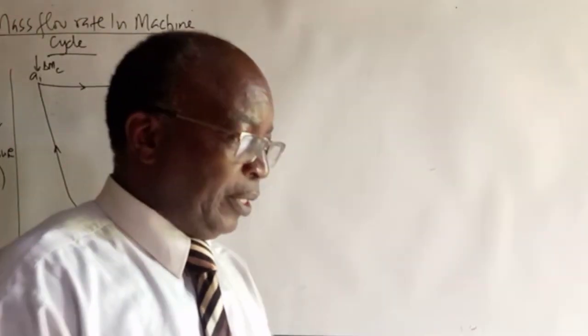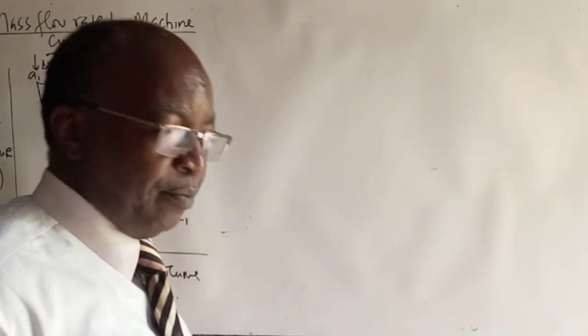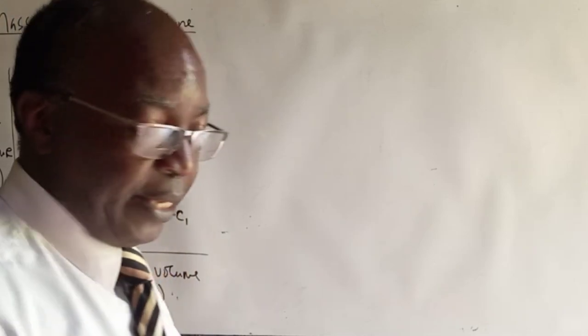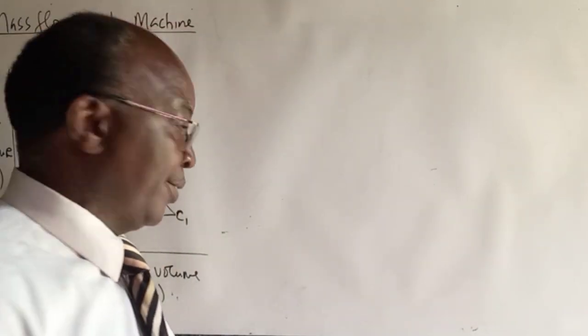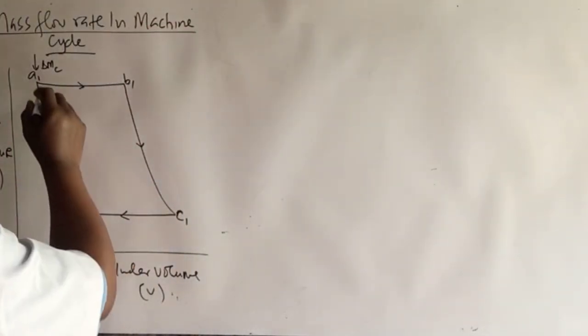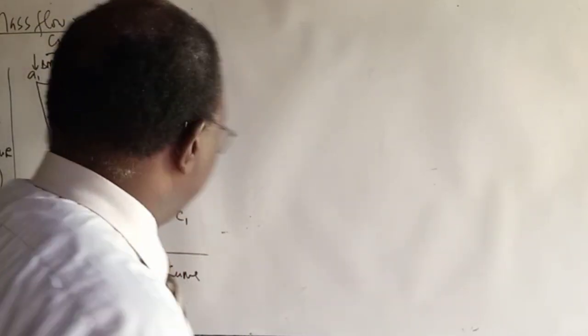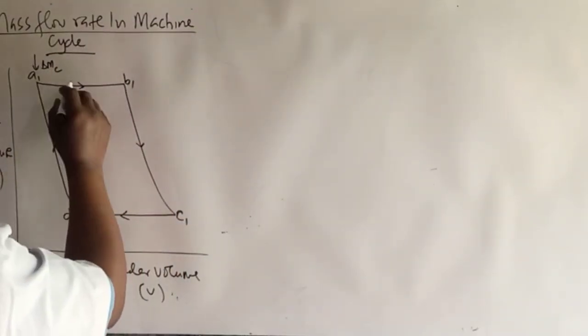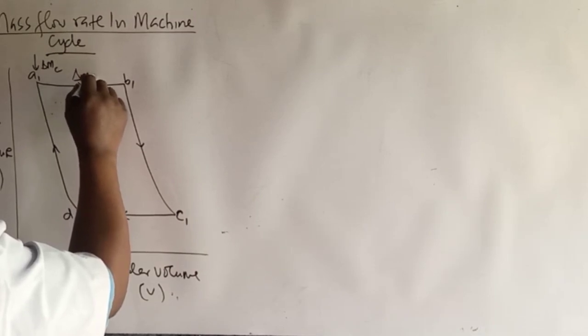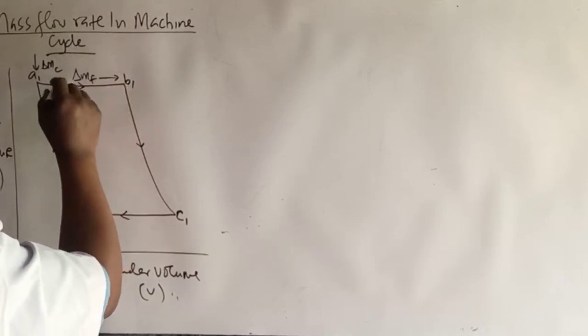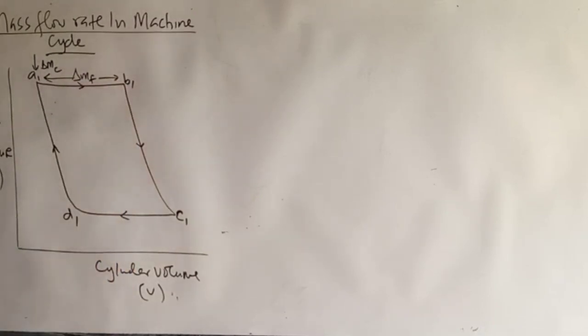We talked about the importance of clearance volume in those earlier lectures. Now, let us call the fluid that occupies the clearance volume delta MC, and the overall fluid in the system MF.